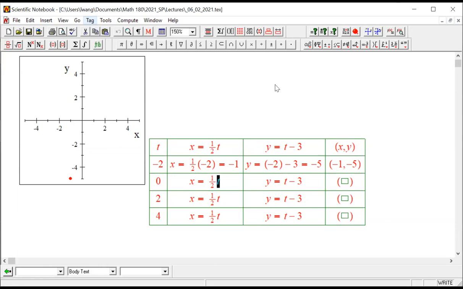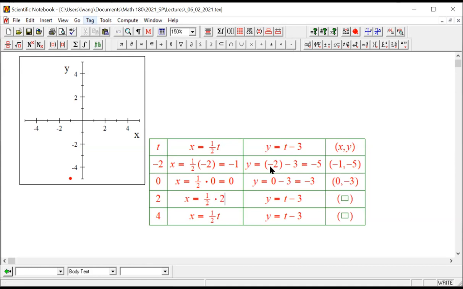So for t = 0, x is 0, and y is -3. So we got (0, -3).